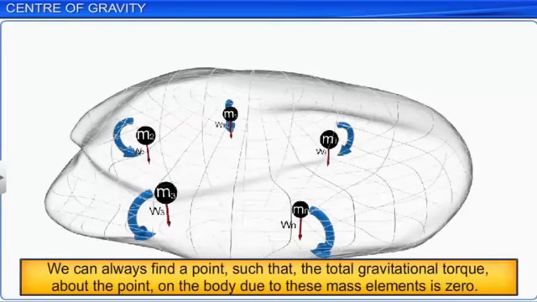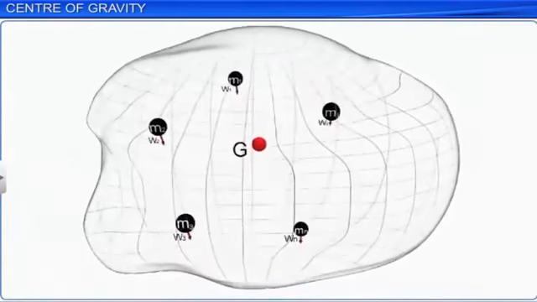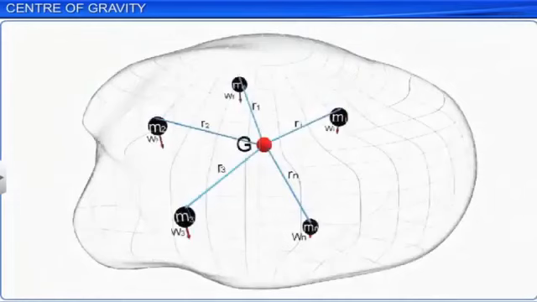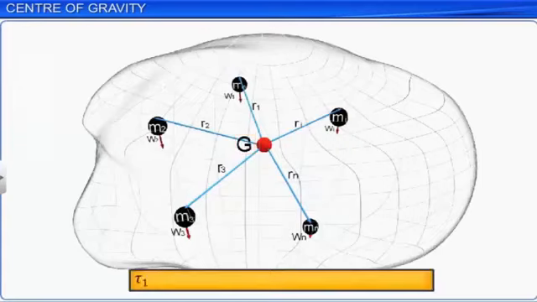For example, if G is a point and R1, R2, Rn are the position vectors of different mass elements with respect to G, then the torques due to the weights of small mass elements about G are tau 1 equal to R1 cross W1, tau 2 equal to R2 cross W2, and so on, and tau n equal to Rn cross Wn.